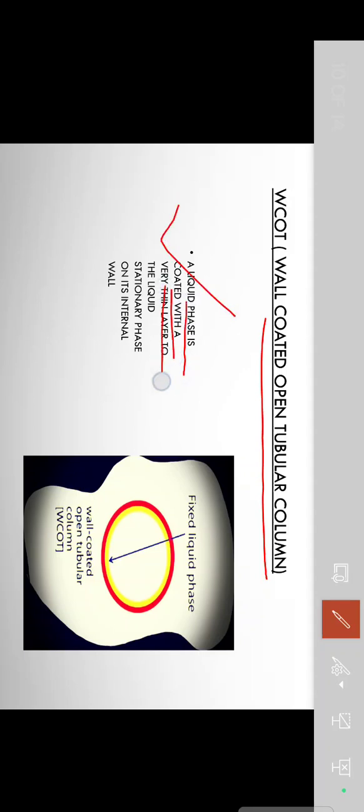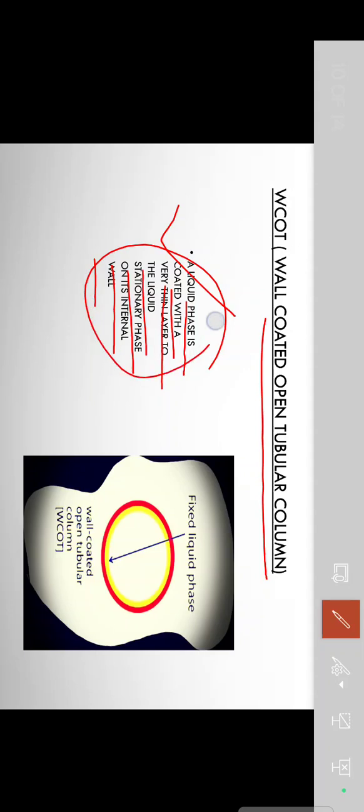Right, here WCOT, wall coated open tubular column. These are the open capillary column types. The first one is WCOT, wall coated open tubular columns. A very thin layer of the liquid stationary phase is coated on its internal wall.